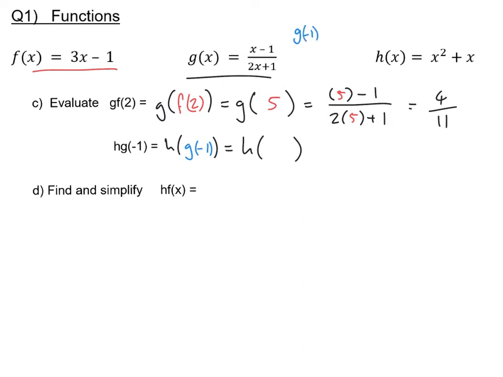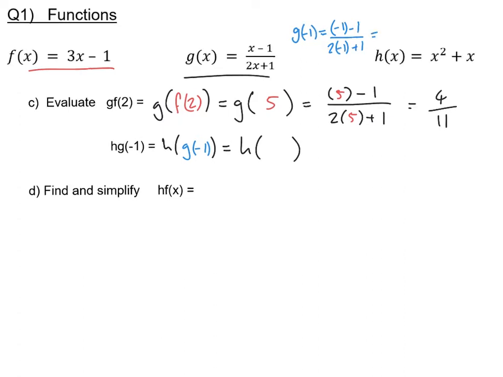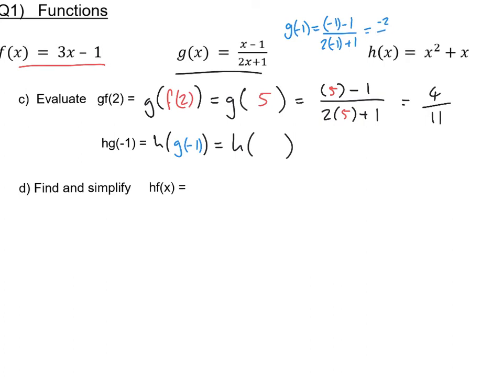G of minus 1 is minus 1, take away 1, over 2 times minus 1 plus 1. So that's going to be minus 2 over minus 1. And that just equals the number 2. So we've evaluated g of minus 1. So we're going to change g of minus 1 into the number 2.